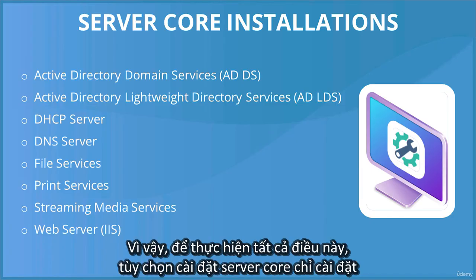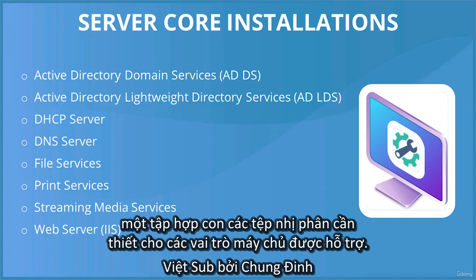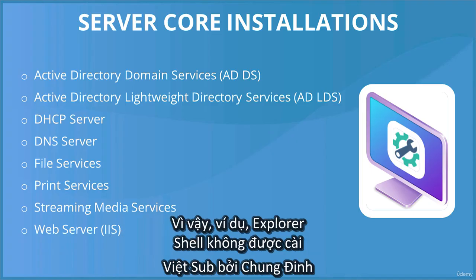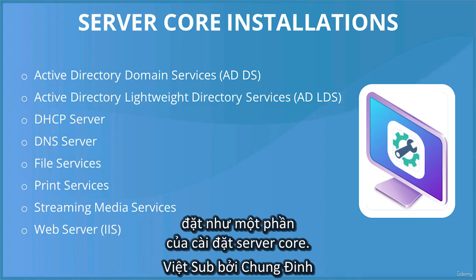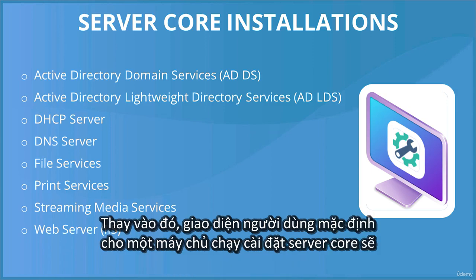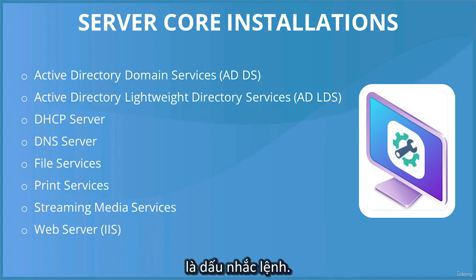So to accomplish all this, the Server Core installation option installs only the subset of binary files that are required by the supported server roles. So for example, the Explorer shell is not installed as part of a Server Core installation. Instead, the default user interface for a server running a Server Core installation is going to be the command prompt.